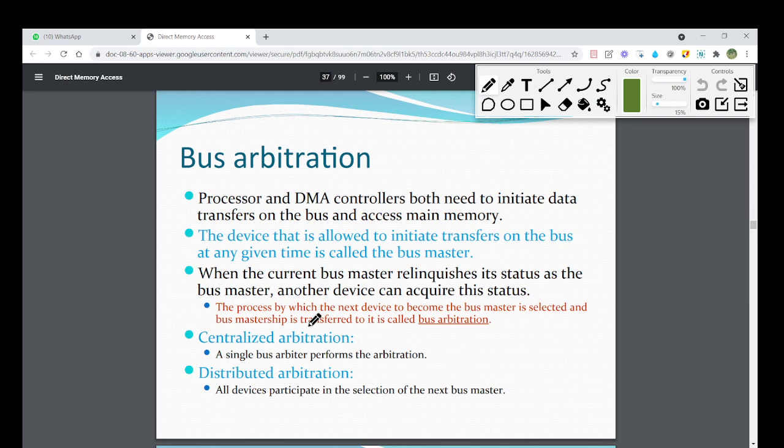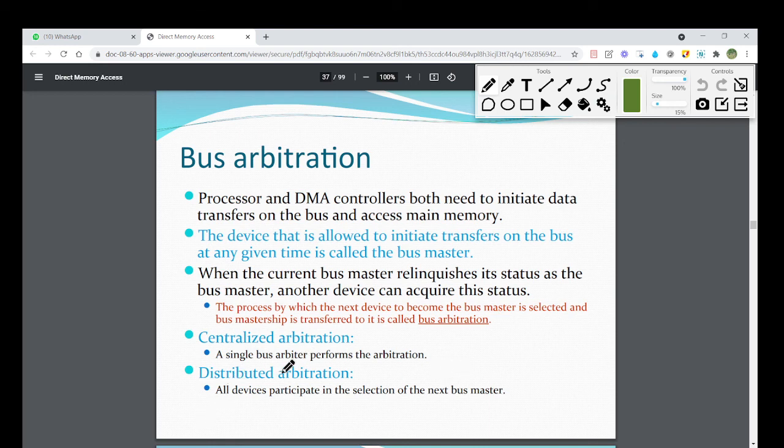We have different types of arbitration. One is centralized arbitration and another is distributed arbitration. Centralized arbitration means a single bus arbiter performs the arbitration. So we have a single bus arbiter performing the arbitration mechanism.